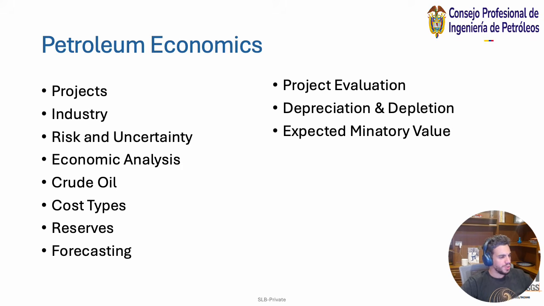So when it comes to petroleum economics, we want to define some terms here, and within each one of these categories, there will be a few topics that we will discuss. So there are projects, and when we think of it, that's the entire field level. When we're talking about a project, there are industry or oil economics associated at the industry level.